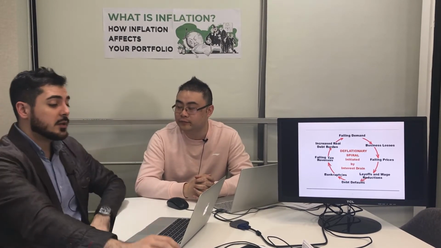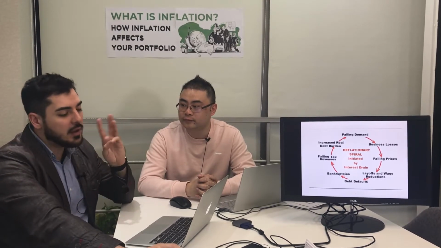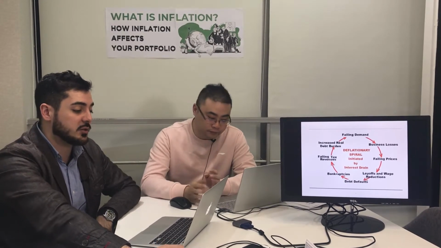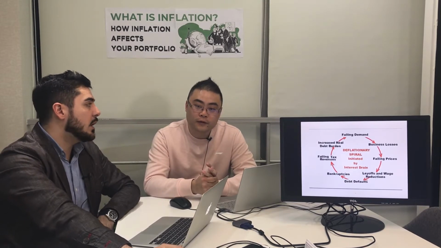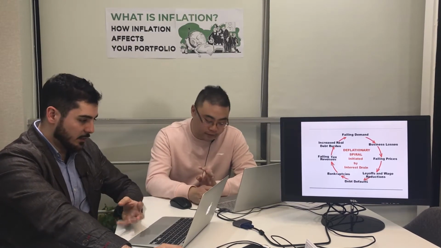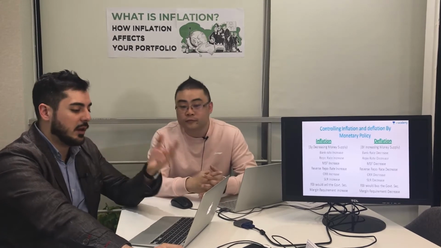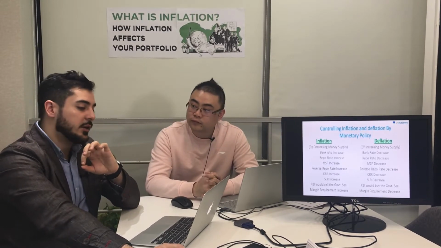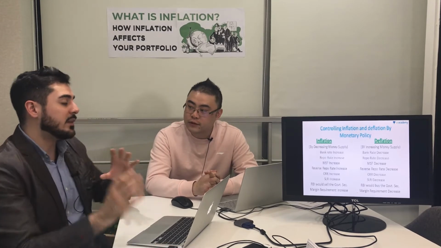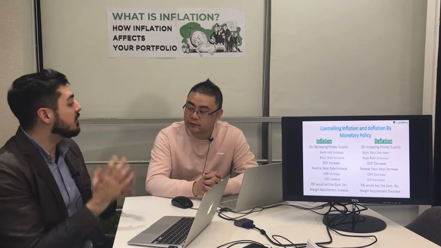Of course. So there are three main ways to control inflation. In general, we can say they use what we call monetary policy. Of course, there are others like fiscal policy, etc. But before continuing, we have to understand what causes inflation.